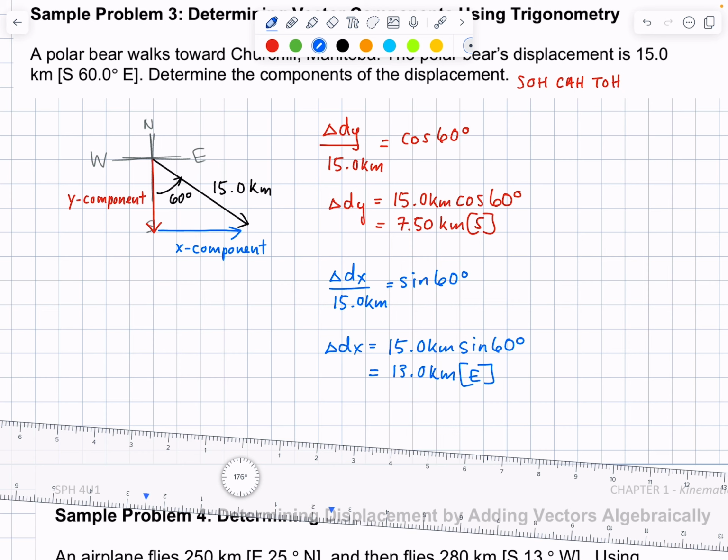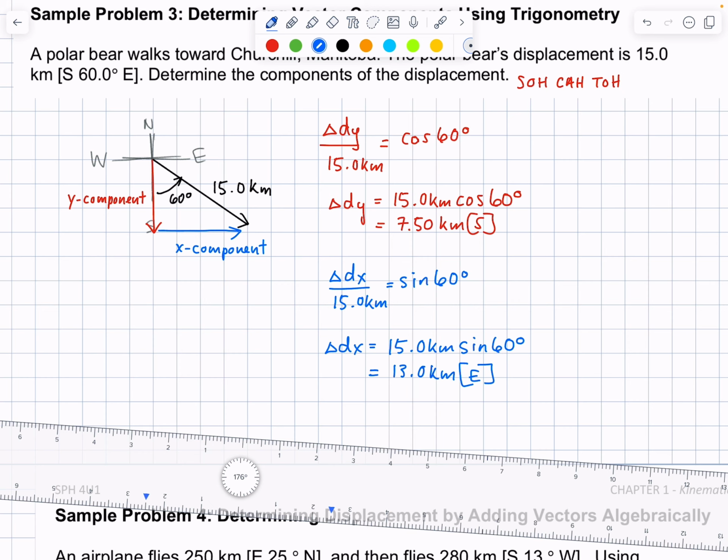Now, breaking up a vector into x and y components is actually a very valuable tool, and we can use it to add vectors in 2 dimensions algebraically. So let's try an example in which we use x and y components to find the total displacement of 2 non-collinear vectors in 2-dimensional space.